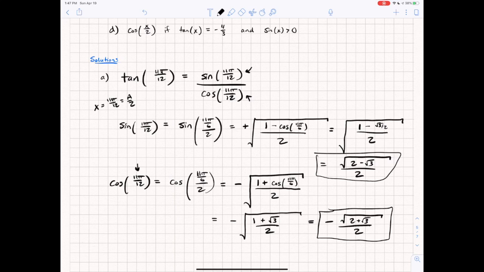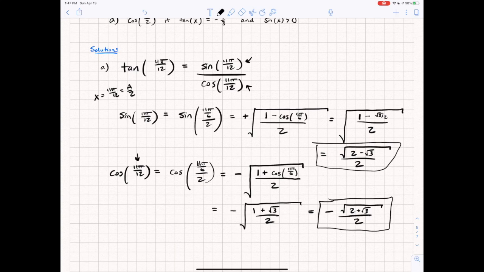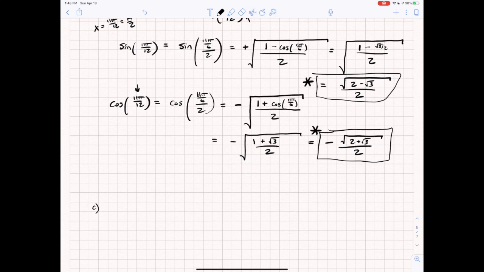This was my answer for sine. And so to do tangent, I'm going to take my sine answer and divide it by this. When I divide by this, remember that's essentially multiplying by the reciprocal. So just to rewrite it so you can see this, it's pretty complex. This would be tangent of 11 pi over 12 is equal to my answer for sine, which was root 2 minus radical 3 over 2, times negative 2 over radical 2 plus radical 3.